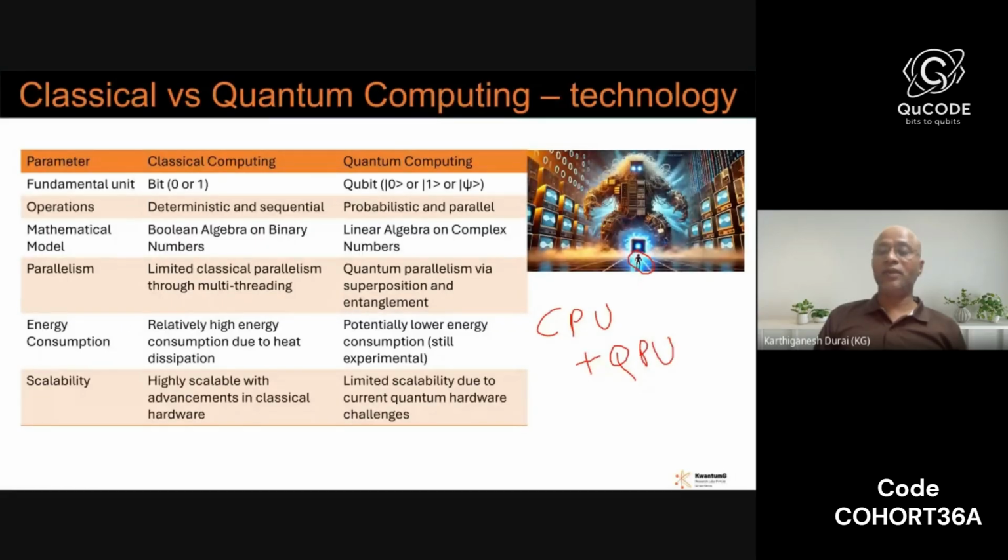But when the technology matures, and more inventions and discoveries help to build more stable quantum computers, with more qubits and reduced error rates, then quantum computers will become very powerful for selected problems. And I keep on telling, quantum computers are good at solving selected problems, not all problems. That's the reason why I'm reiterating it is CPU plus QPU.